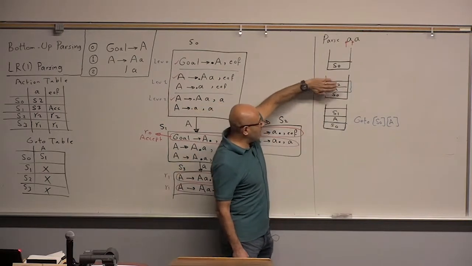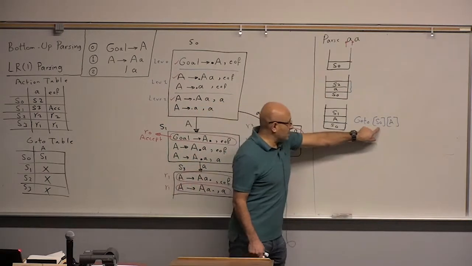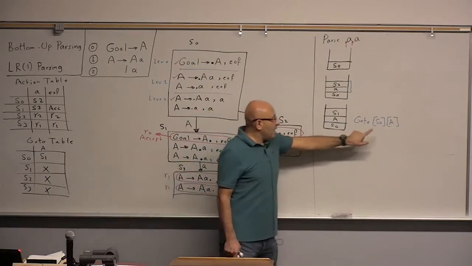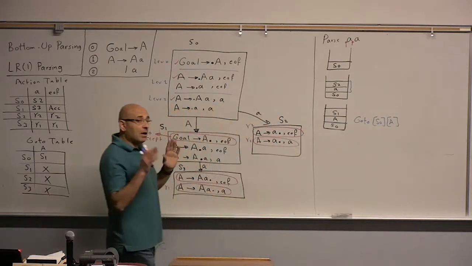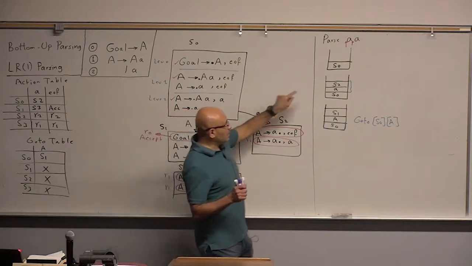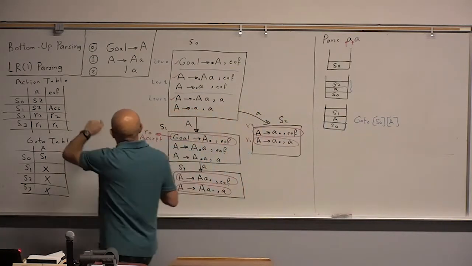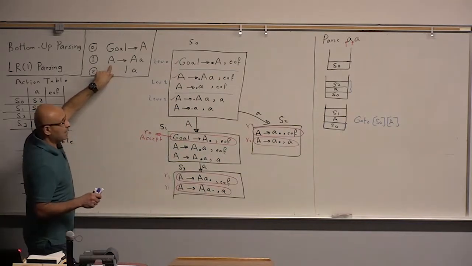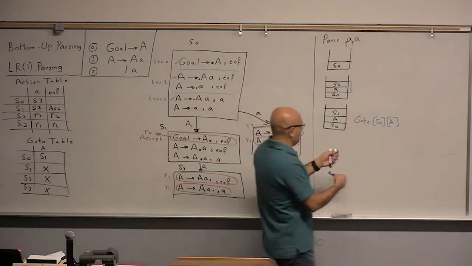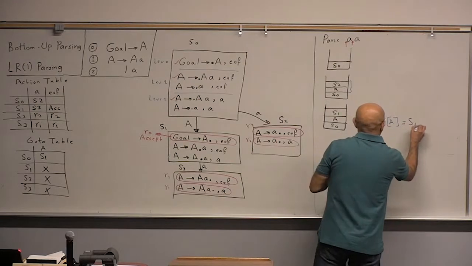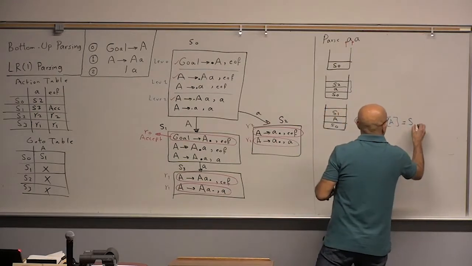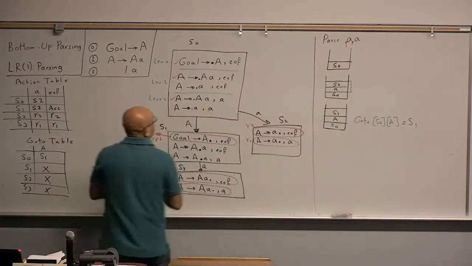After you pop them off, this gives you S0. And the column is going to be the column that corresponds to the non-terminal that I get by this particular reduction, which in this case, R2, will give me an A. So go-to of S0 and A is going to be S1. So I'm now in S1.